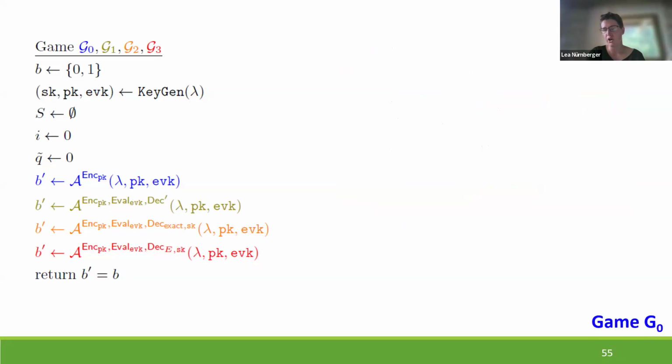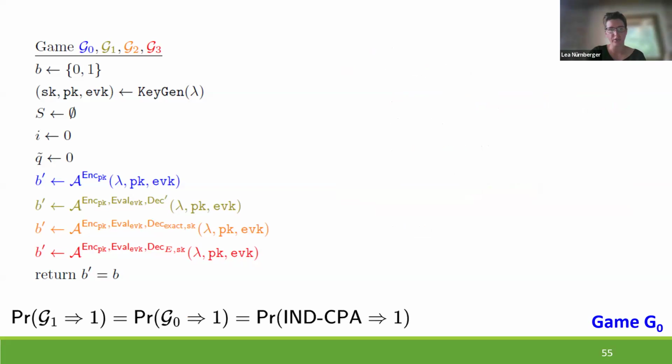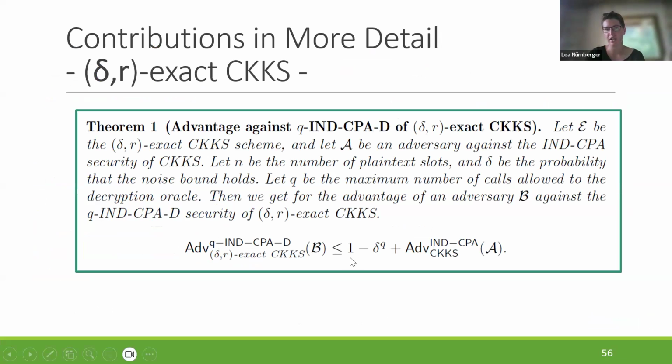And then the game G0 is just the IND-CPA game at all. So there's also no difference in advantage between the games G1 and G0, but the probability that the game G0 is won is the same as the probability that the IND-CPA game is won. Precisely, in the hop between the games G3 and G2, we get the probability that the bounds fail. In the last hop, we get the probability that the IND-CPA game is won, and this is how we obtain the theorem.